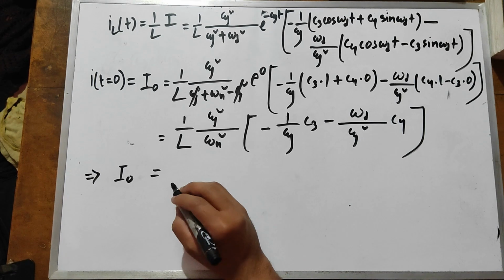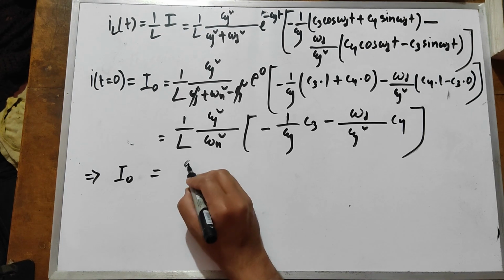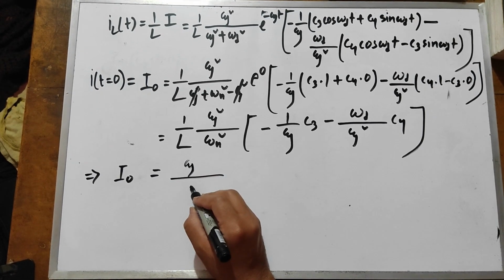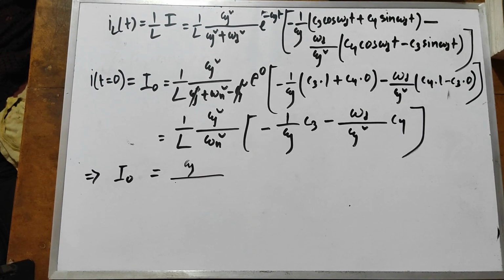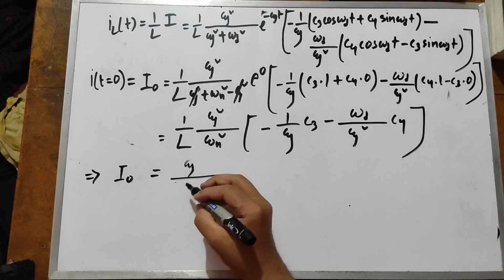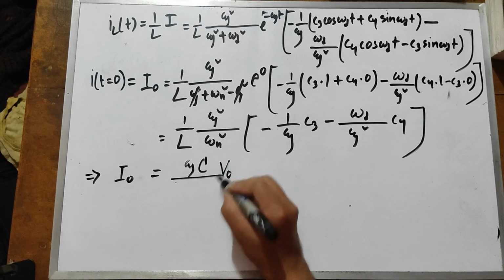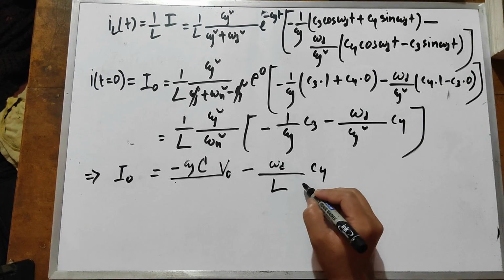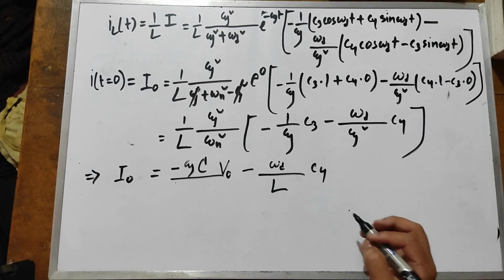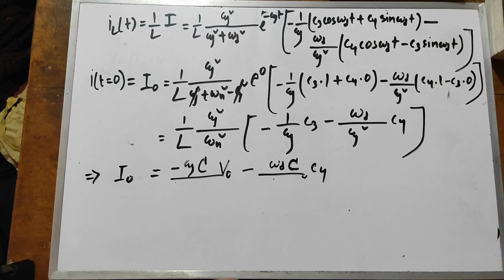Omega n squared is 1 by LC, so LC will cancel. Also, V0 has omega n squared.